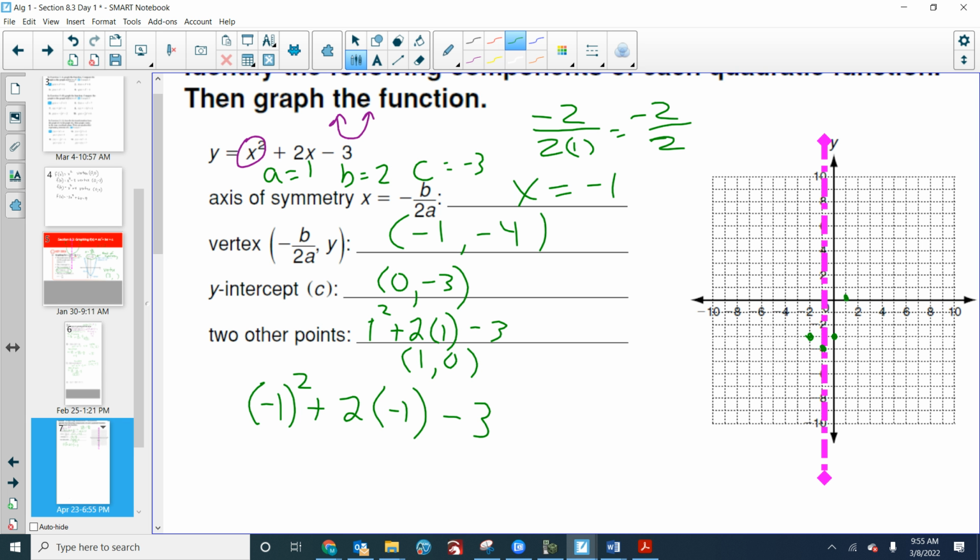Eyes up here, please. I just put 1 in the equation right here, and I got 1, 0. So I graphed 1, 0. Isn't this 2 to the right of the line of symmetry, the axis of symmetry?